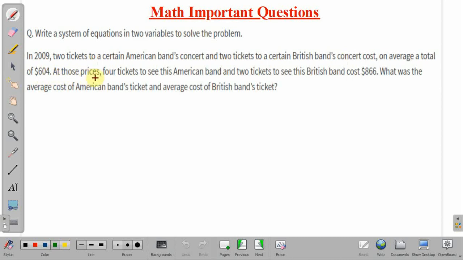At the same prices of the tickets, four tickets to see this American band and two tickets to see this British band cost a total of $866. So we have to find what was the average cost of American band's ticket and average cost of British band's ticket.